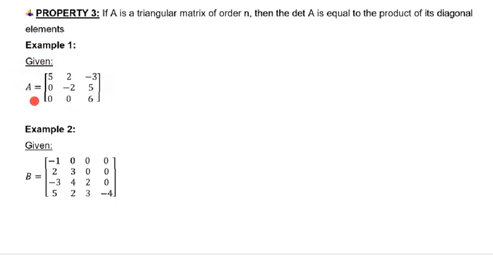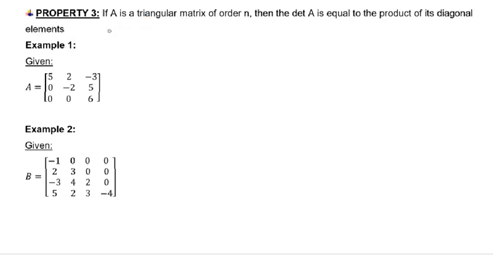Example 1, we have a triangular matrix, an upper triangular matrix. And for number 2, we have here a lower triangular matrix. So sabi dito sa property 3, the determinant of A is equal to the product of its diagonal elements if we have a triangular matrix.